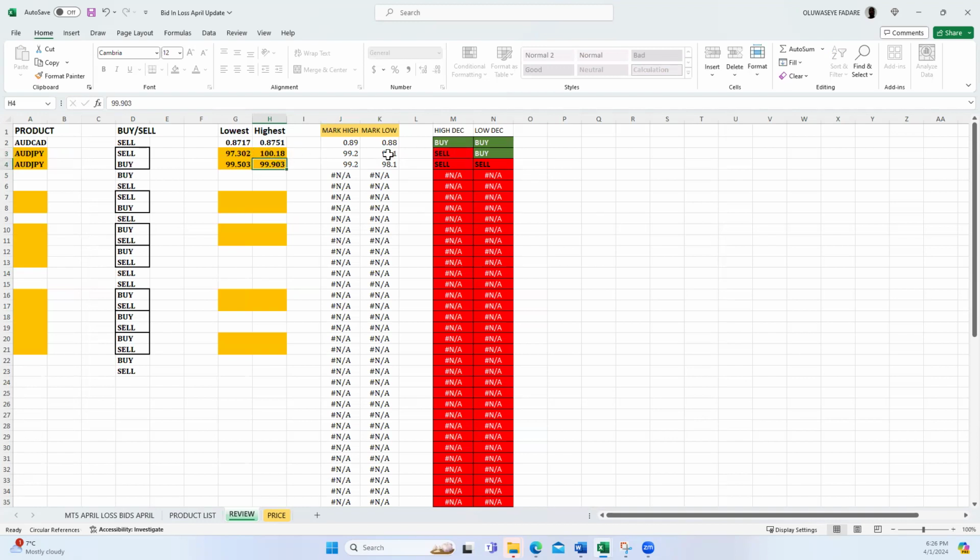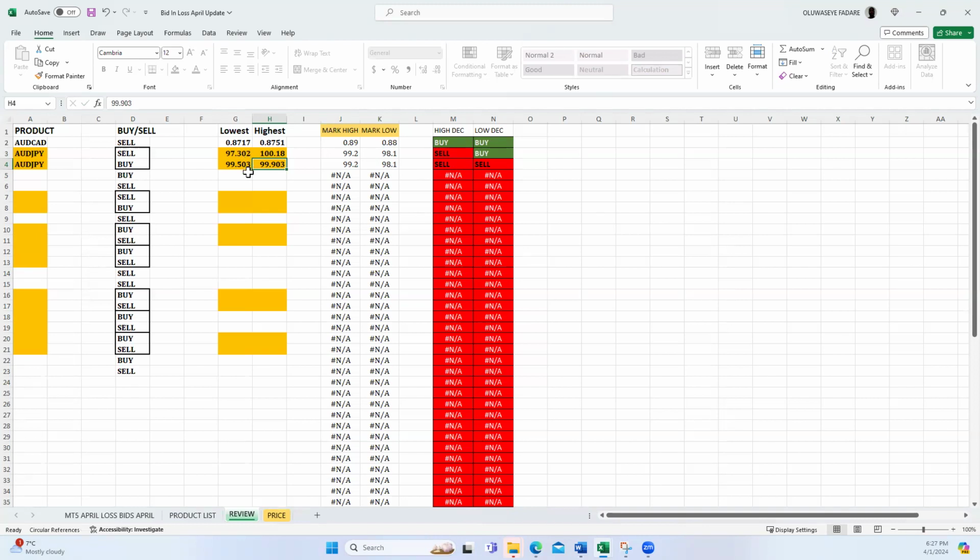So, as you can see from these reports, the market is telling us that this is a sell market for now. That does not mean that it may not change in the future, but this has given us a position for it to change. So according to this information that we've derived, our highest position is 100.18, our lowest position is 97.3. So the market is a sell. According to this report, the market is likely to still come down to below 97.302 downwards.